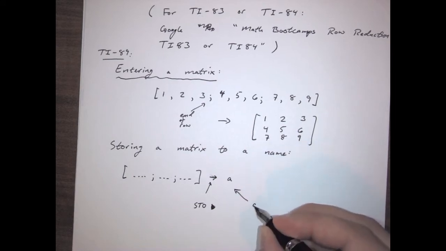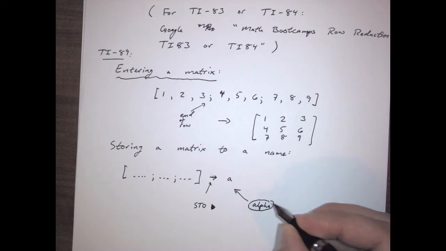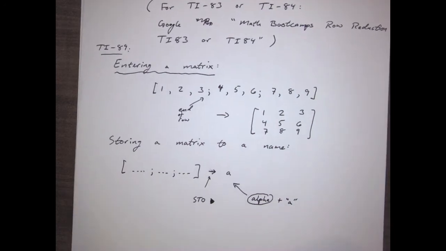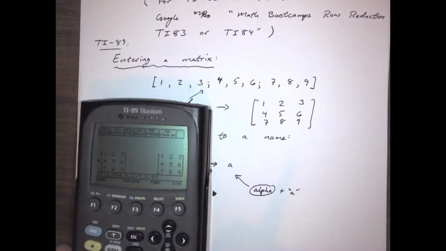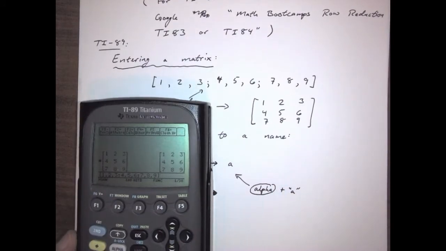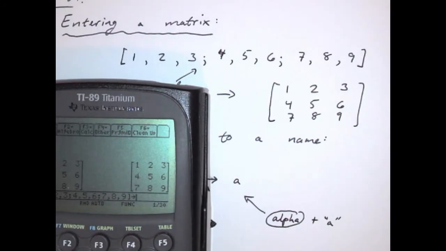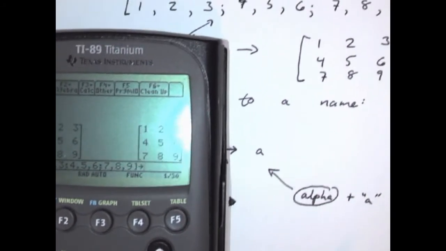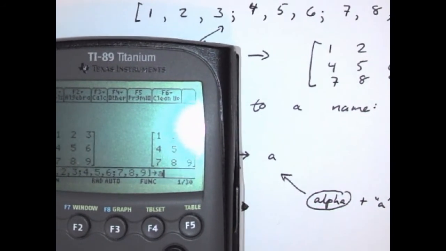You'd hit the alpha button, and then find the one that has the name you want. So if I wanted to store this as A, I would press the store button, zoom in a little bit, and then give it the name that I wanted. So alpha A. And then I press enter.